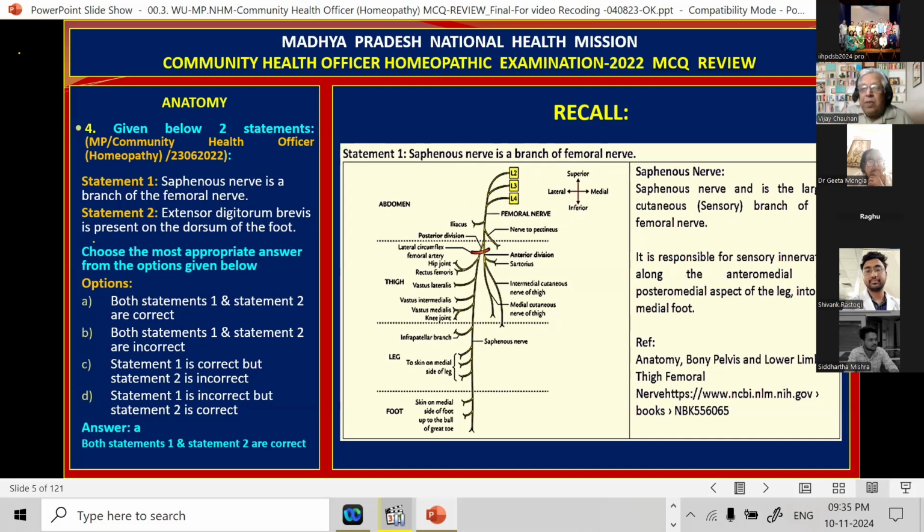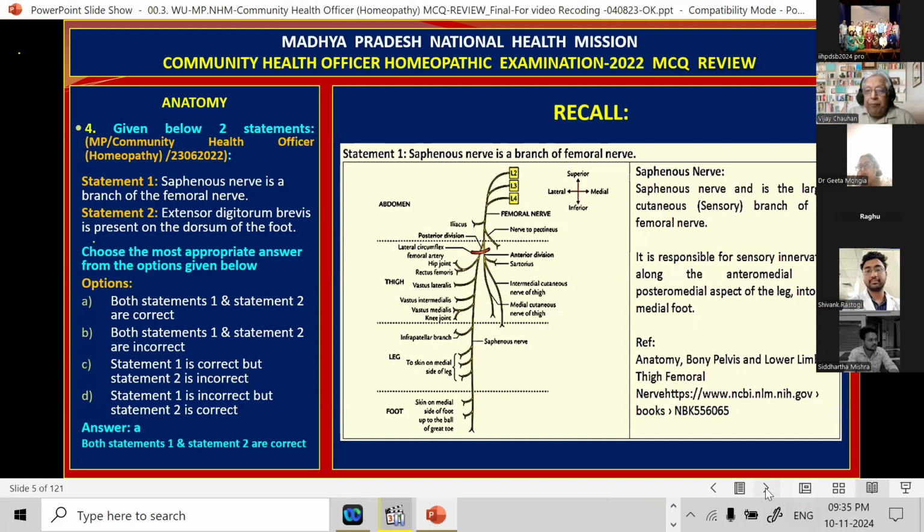It is responsible for the sensory innervation along the anteromedial and posteromedial aspect of the leg up to the medial side of the foot. This information comes from anatomy, bony pelvis and lower limb, thigh, femoral nerve. This is the website from where this information is collected.